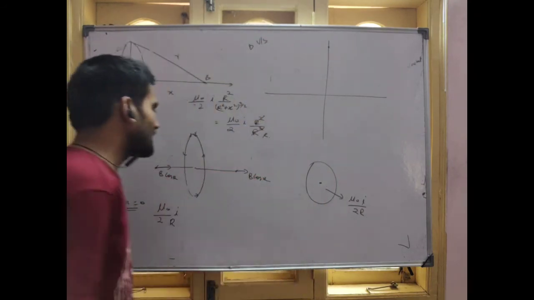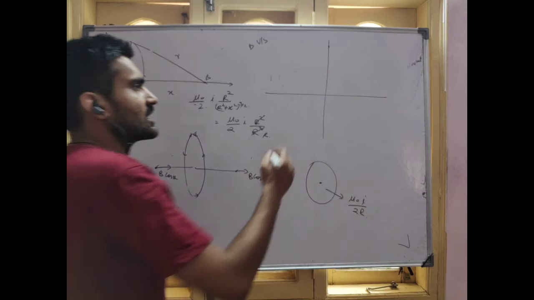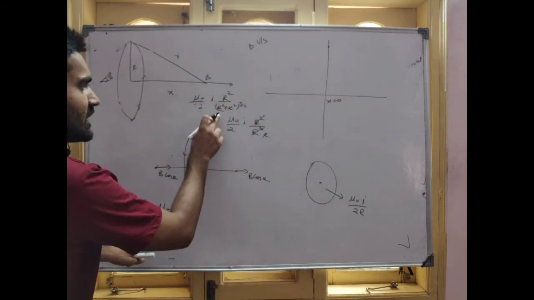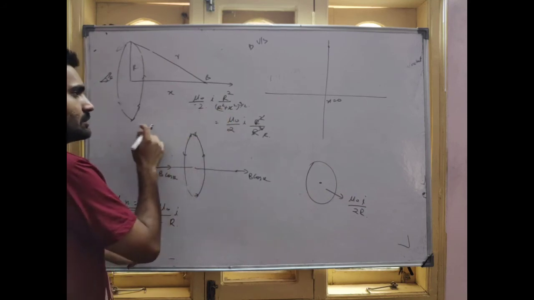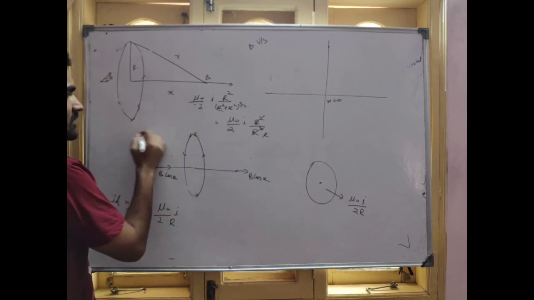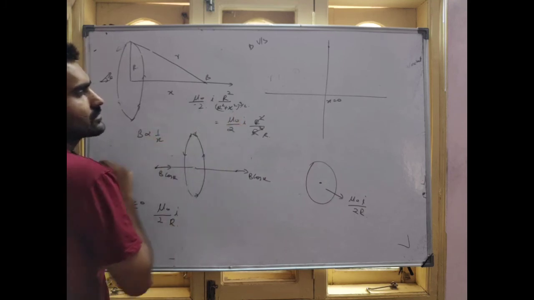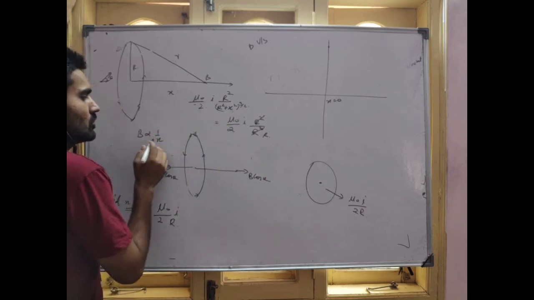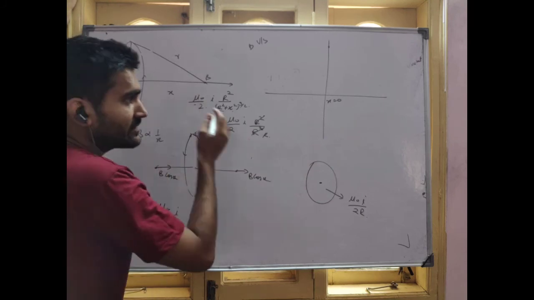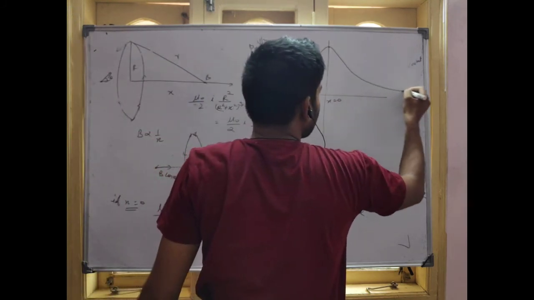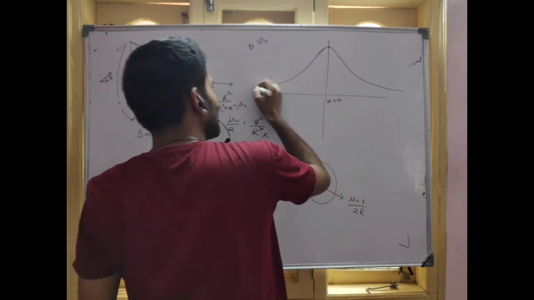So where is the maximum magnetic field? I think the maximum magnetic field is at X equal to 0. See, if you look carefully, this field is inversely proportional to X. Yes or no? If X increases, the field also decreases. So it will be like this.